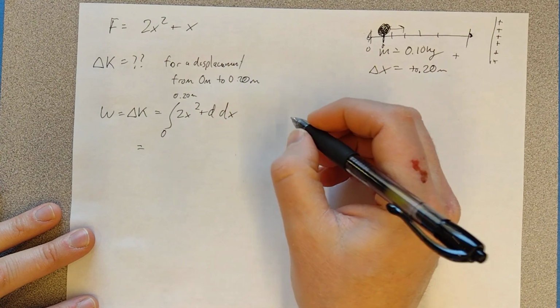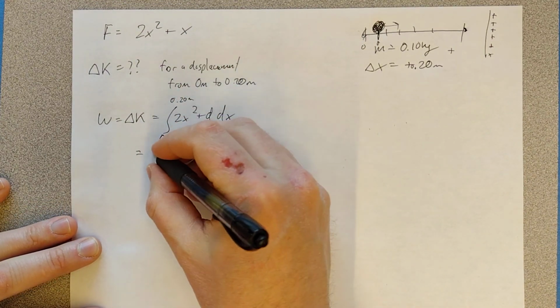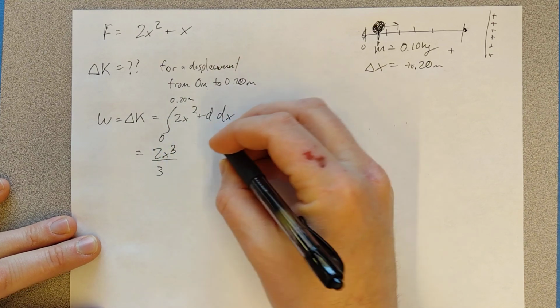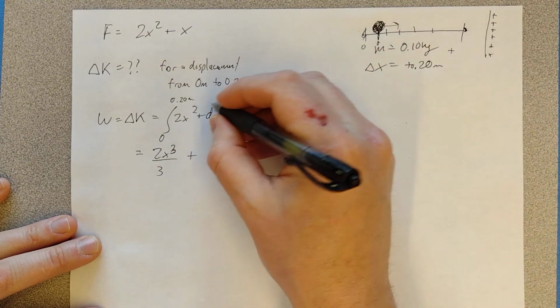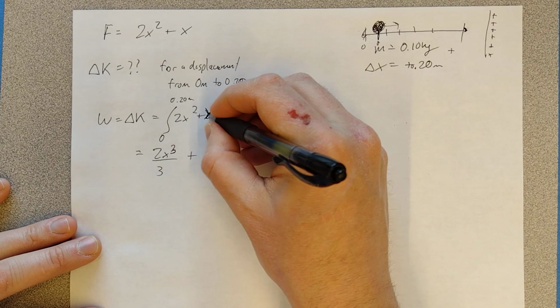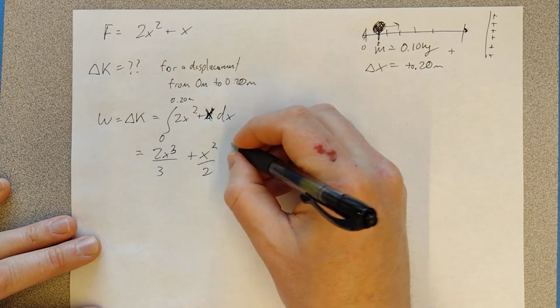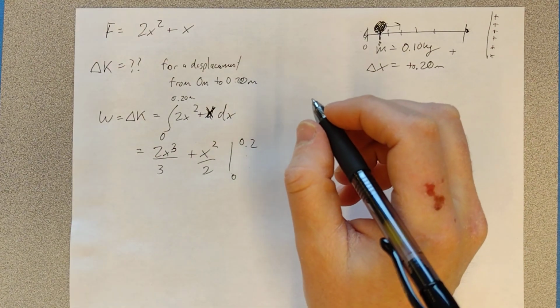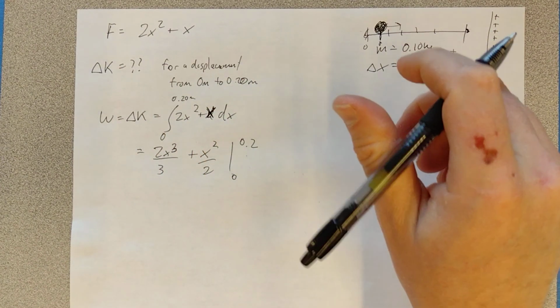All right, so the change in kinetic energy is 2x cubed over 3 plus x squared over 2, evaluated from 0 to 0.2. All right. Oh boy, now I'm going to need a calculator here.